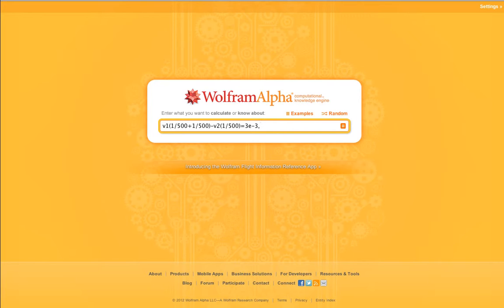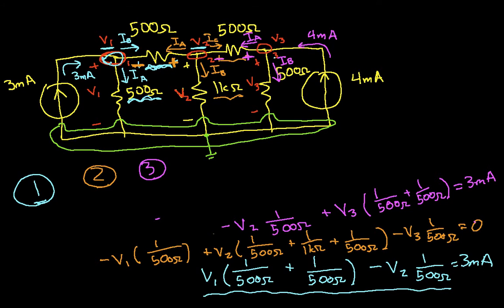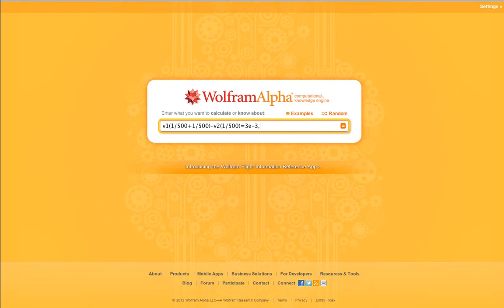So I've entered in my first equation. This is the equation that I got from node 1. So let's go back to see what we need to put in next. We have our equation that we got from node 2. So it's going to be minus V1, 1 over 500 plus V2, blah, blah, blah. So let's bring that up.